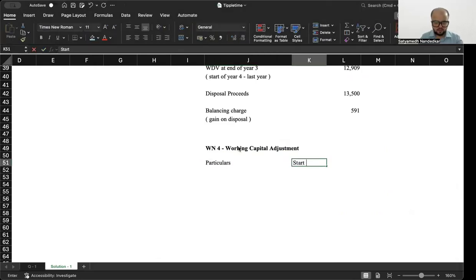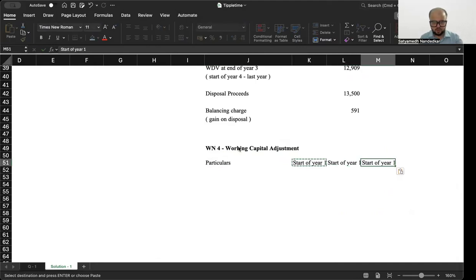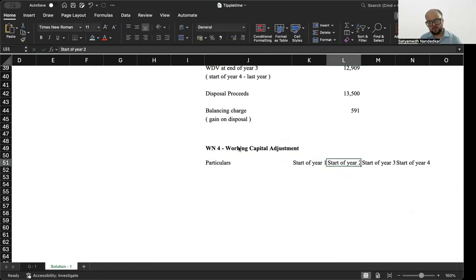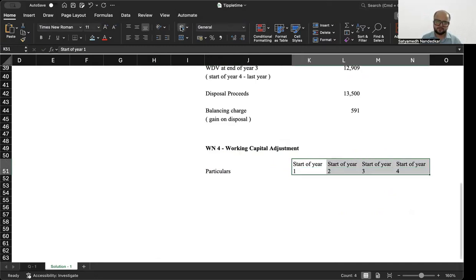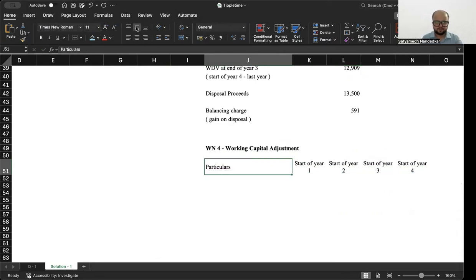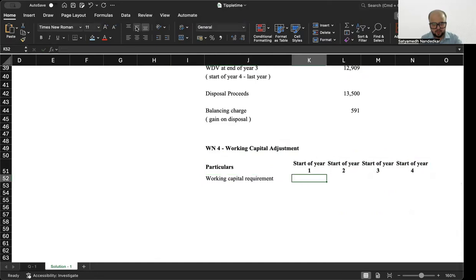Okay. Particulars, start of year 1, start of year 2, start of year 3, start of year 4. Okay, so let's write down working capital requirement 3000.